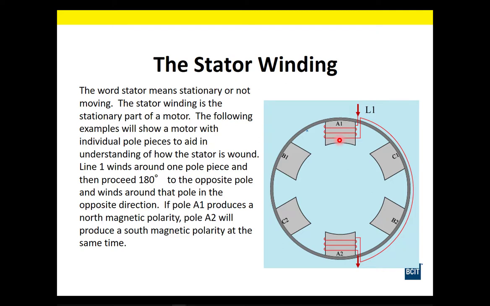That's going to make a north pole appear on this side, and the way the current flows around the coil on A2, we're going to have a south pole on that side. So we have opposite poles across from each other, 180 degrees apart on this stator.